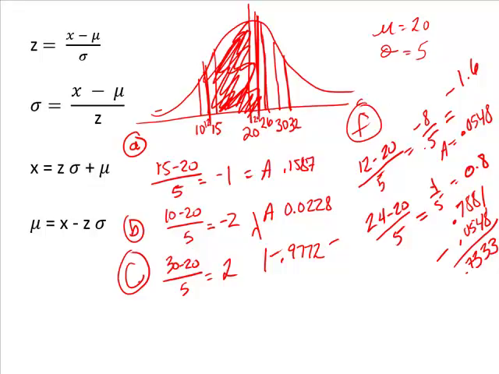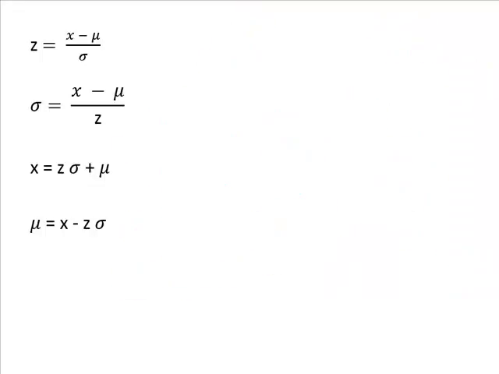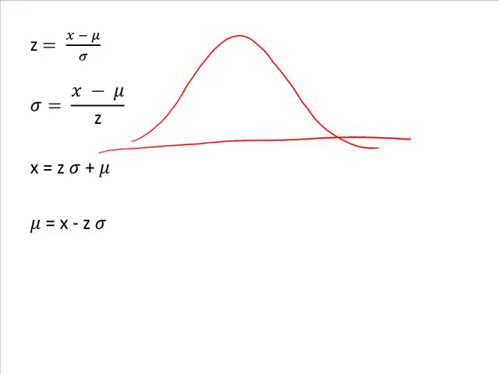So let's think about the problems that we've had. The first set of problems were less than a number. So we put our number on here. We find the area for that. And that number that we found is the area less than our number of interest. So what was yours?